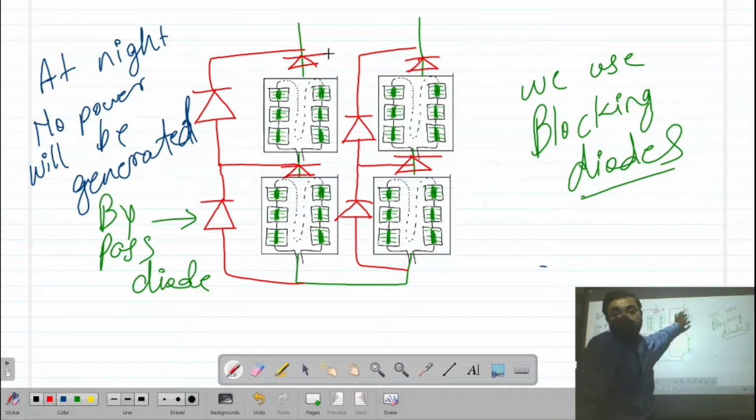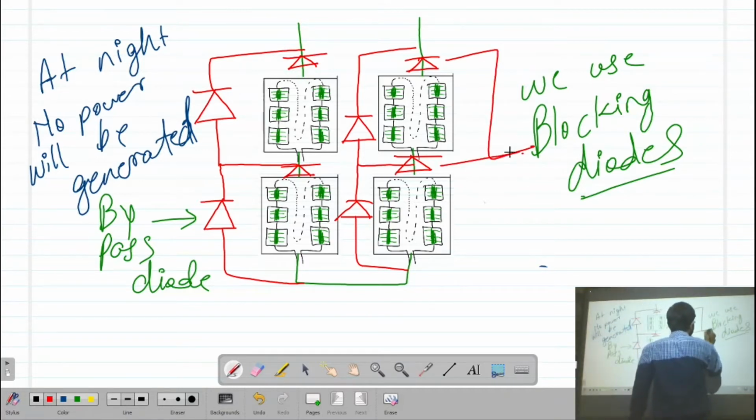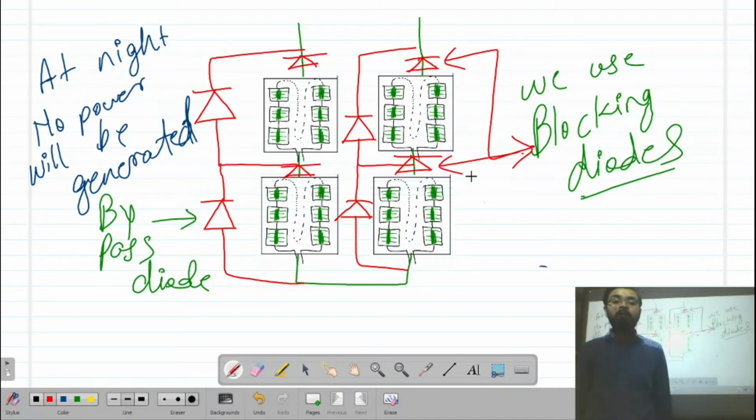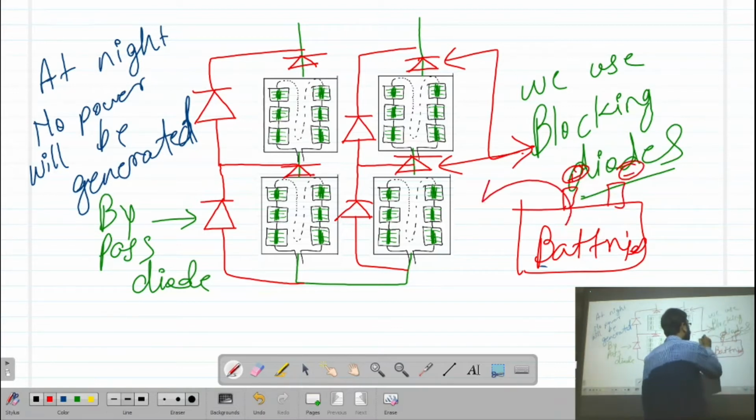Right? What does the blocking diode do? A blocking diode is nothing but a diode which is blocking the flow of current, blocking the flow of power from battery to the modules.